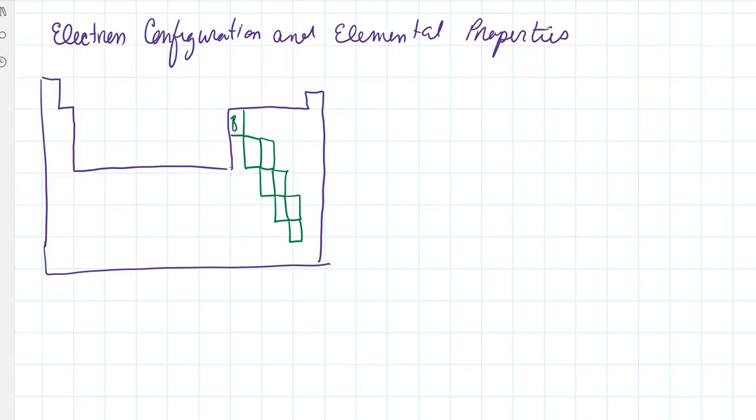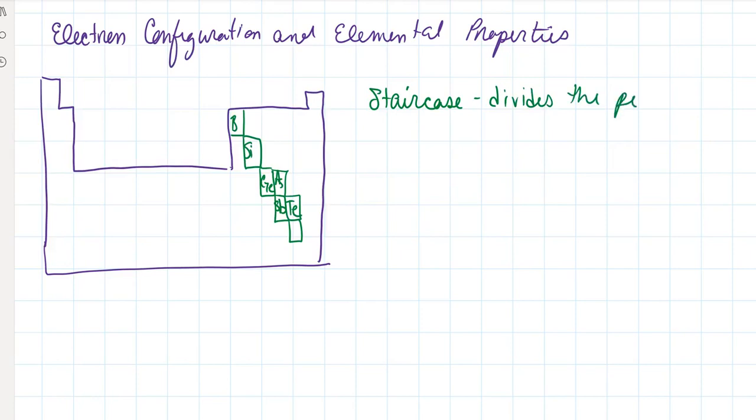So this is things like boron, silicon, germanium, arsenic, antimony, tellurium, and working our way down. Anything in this staircase-like region is going to be one of the pieces that divides the periodic table.